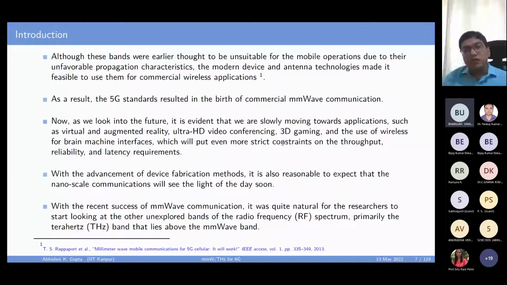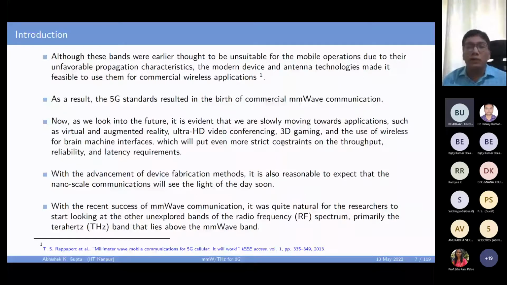The reason was that these frequencies were thought to be unsuitable for mobile applications. You can have some fixed link applications or non-communication based applications using millimeter wave.